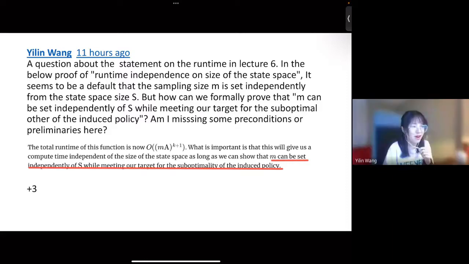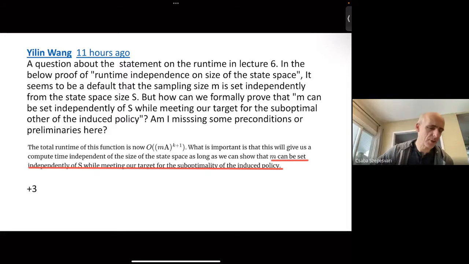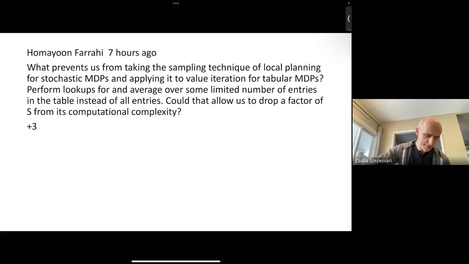So maybe from this we can argue that we can find the M that is independent from S. Okay. Yeah, that statement was made at the beginning of the lecture notes, but at the end comes the result that says that, yeah, you can actually do this. All right, good. So you were not missing anything except that you just have to go to the end.